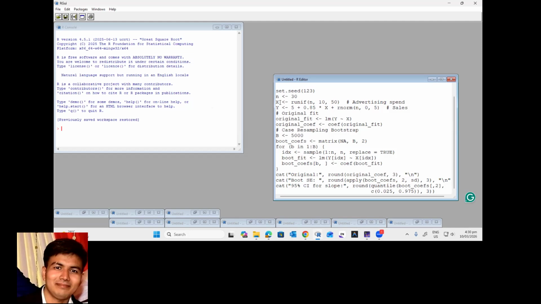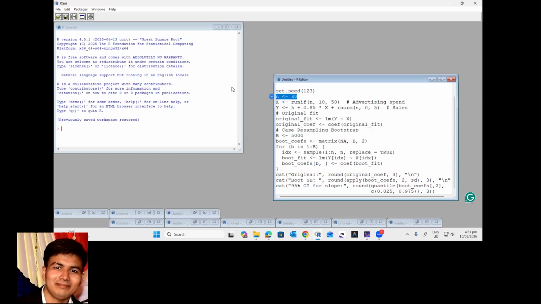Here we generate the X from the uniform distribution. We use set.seed to reproduce the resampling, and because in the question we assume that we have 30 stores, we are taking n equals 30 here.